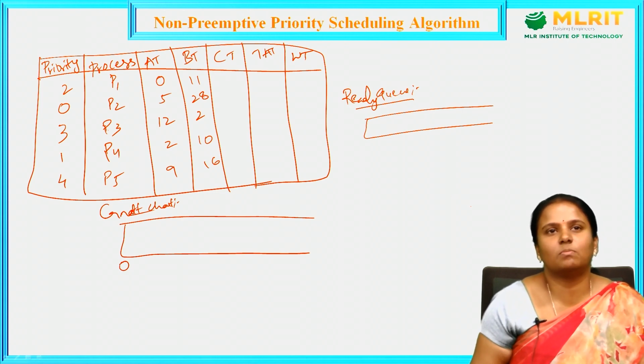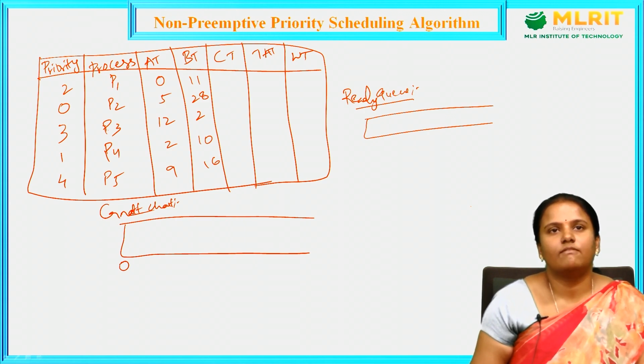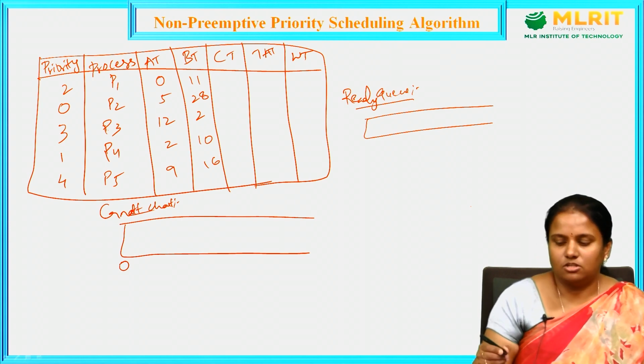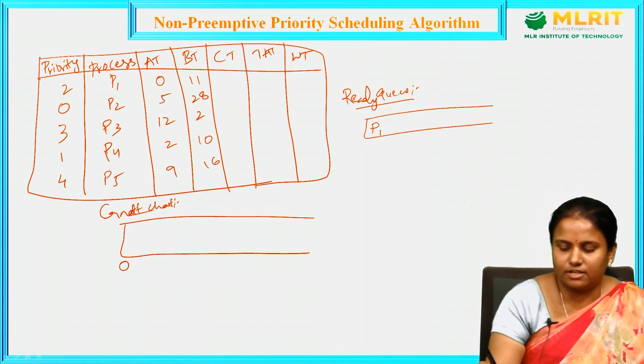You may get a doubt: this problem is based on priority, so shouldn't we take the priority numbers? According to our Gantt chart, we first compare the arrival time, and the process with arrival time 0 will be executed first. So P1 will be executed first.